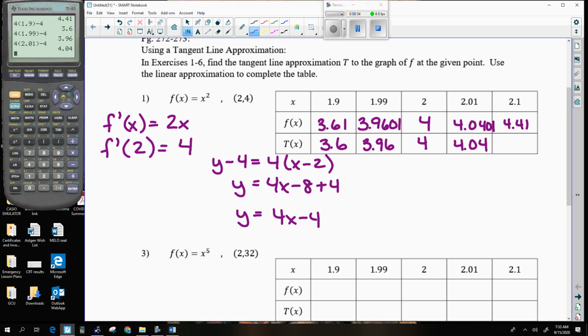Yeah, linear approximation is crazy close to what these actual answers are.